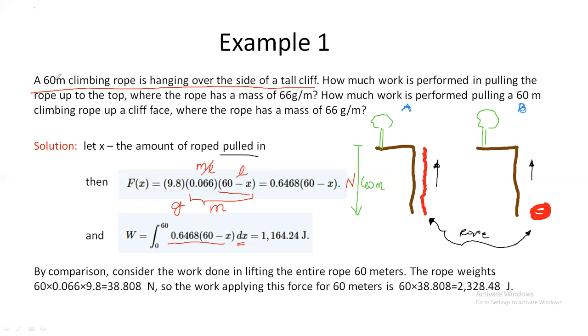But you have to be very observant that it is said to be a climbing rope. It's used for climbing. So if this cliff is to be climbed, the rope that you are using on it would be of the same height as the cliff. So even though the problem did not specify how tall your cliff is, it should be as tall as the rope that you're using to climb it.